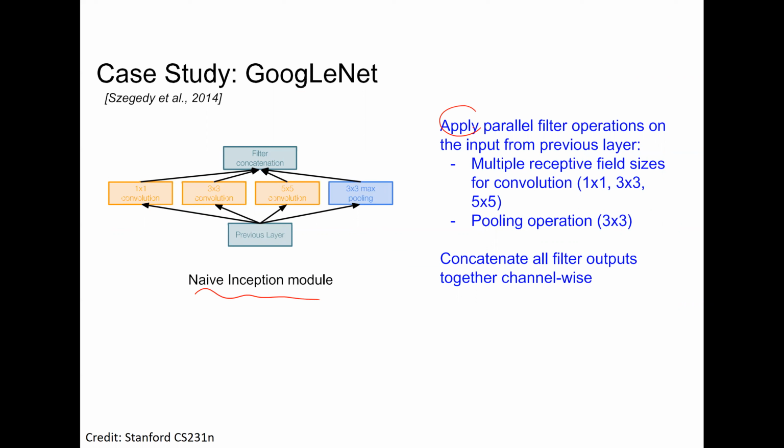It applies parallel filter operations on the input from the previous layer, and we have multiple receptive field sized convolutions like this. After each operation, it concatenates all filter outputs together in the channel dimension.